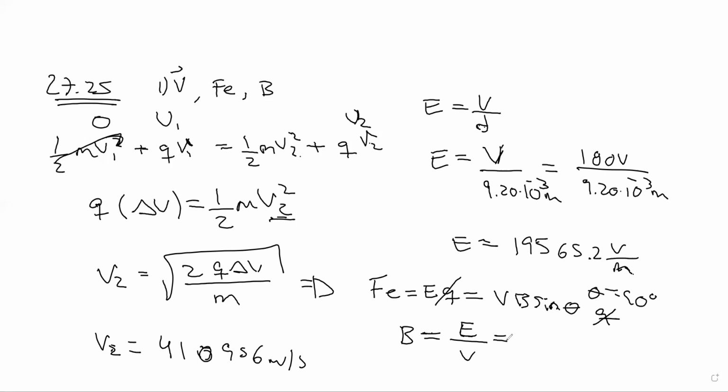And then this is equal to, in this case, what number did you get for the electric field? I got the same one, 1.95. All right, awesome. So divide that by the velocity. One shouldn't be that big. My Tesla is a huge unit. We saw that. 0.27.